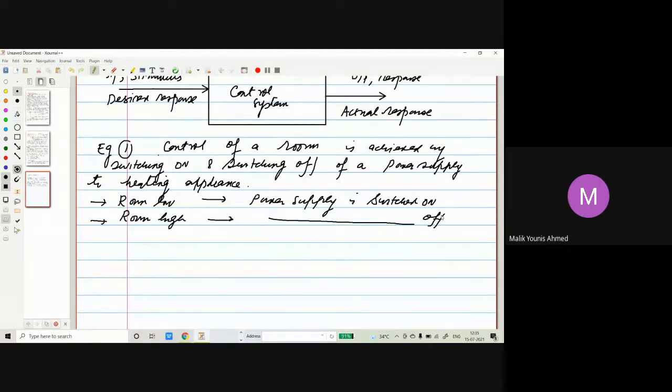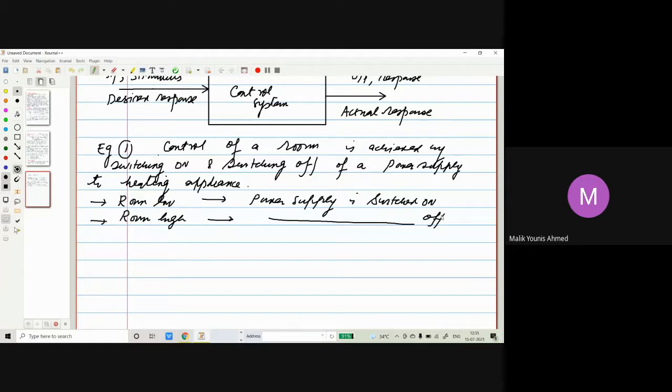I will explain again. A very simple control system. I have to control the room temperature by switching on or switching off a power supply, which is going towards the heating appliance. If my temperature is below the expected value, then I will switch on the supply, and the supply will go to the heating appliance.